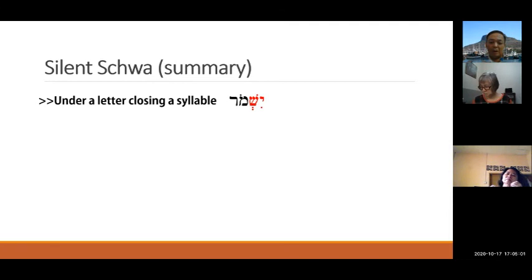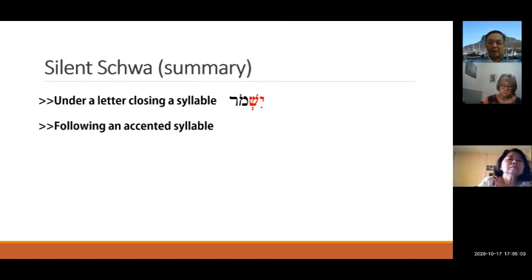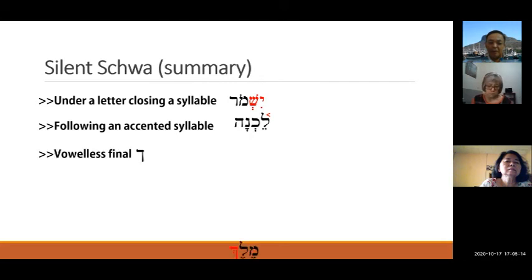Yish more. Don't worry about this one here, but just to let you know that following an accented syllable, it is also a silent schwa. And then a vowelless final kaf, like in this case here, is also a silent schwa.